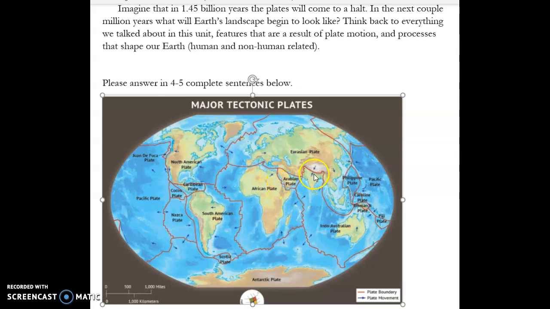But we can have two types of convergent plate boundaries, continent to continent, or continental to oceanic. And in that case, when we have a low density continental plate meeting a high density oceanic plate, we would have a subduction zone.